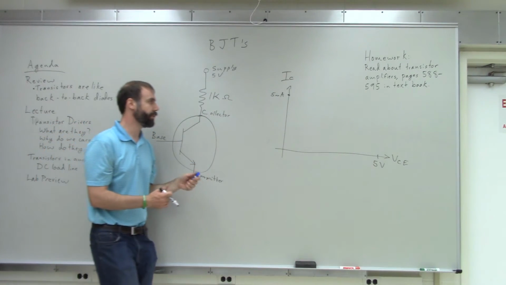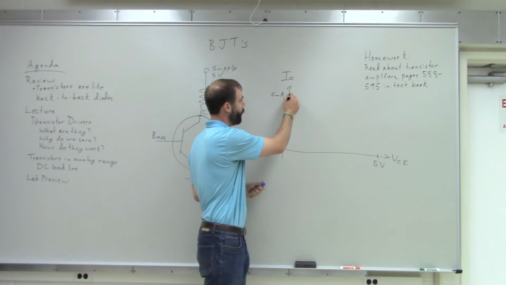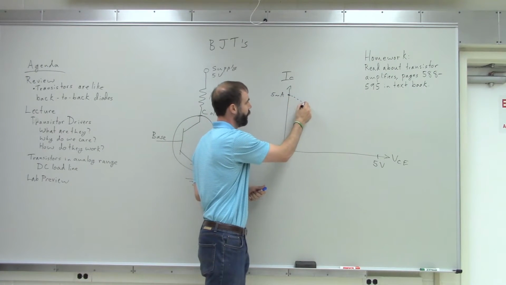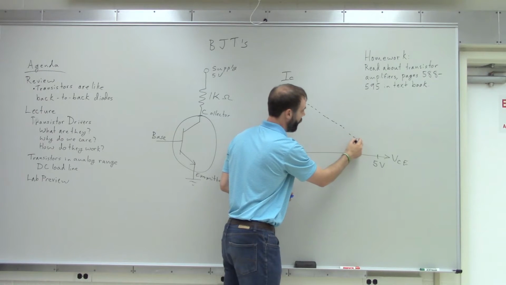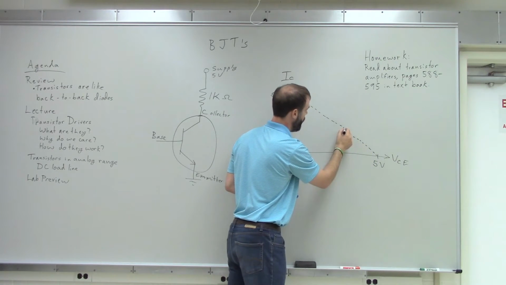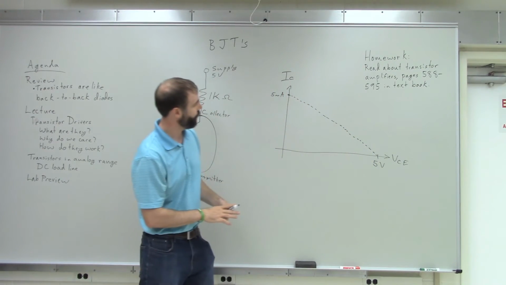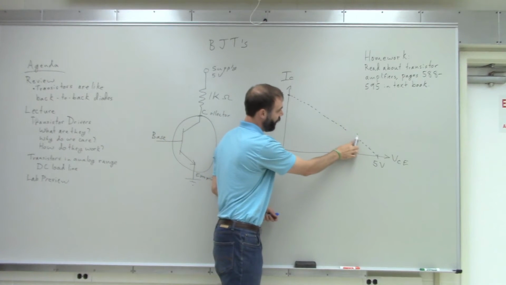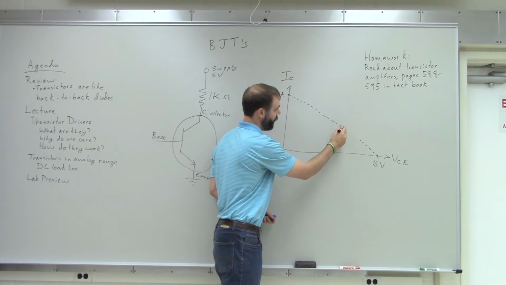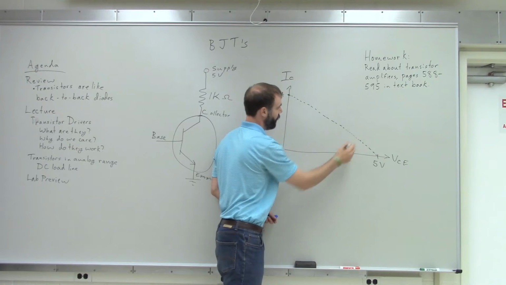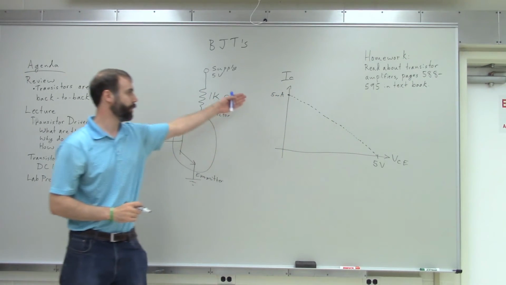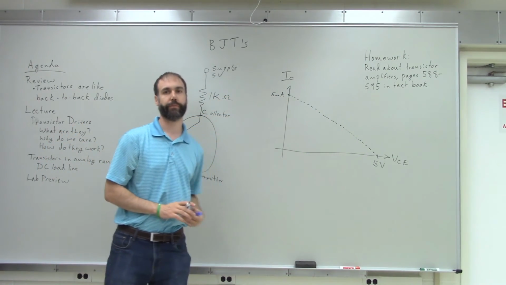And what we would see is we could put a whole bunch more plot points on our graph, and we would see that this is a straight line. I tried to draw a straight line, it had a little dip in it, but this would actually be a straight line between these 2 points.